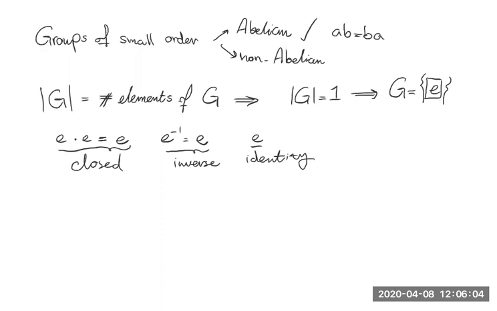Okay. I have a question. Could that group be abelian, since there's only one element? I feel like you would need two. Yeah, so of course, if you have just one element, it would be abelian because E times E is the same as E times E. But if you want to make it slightly different, you need two elements.